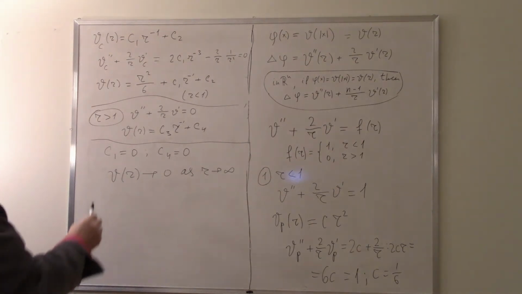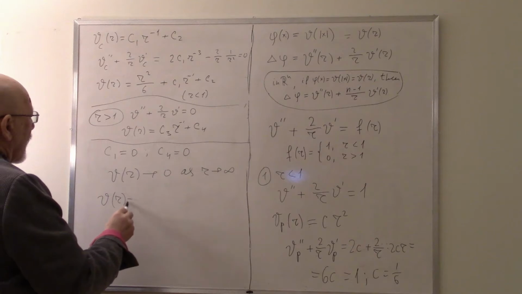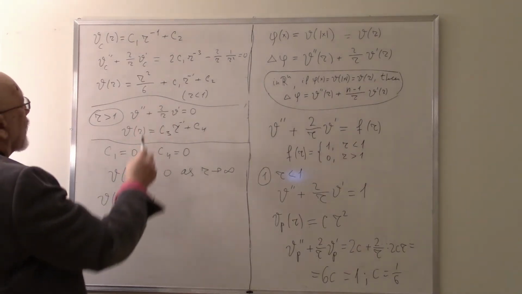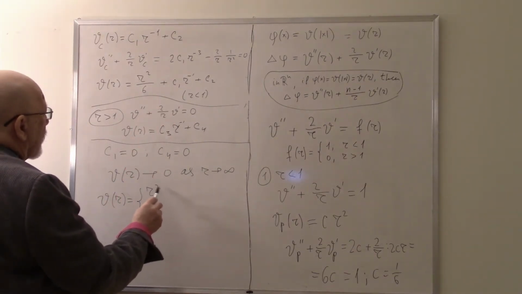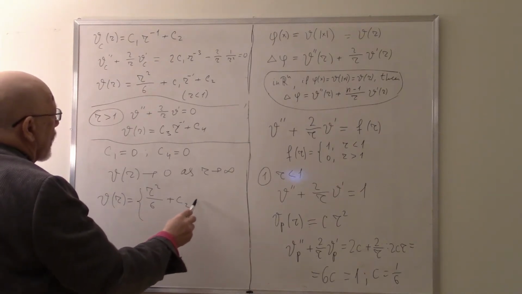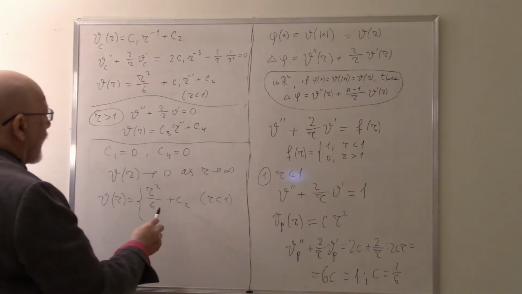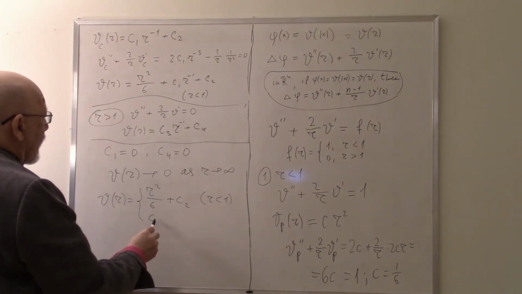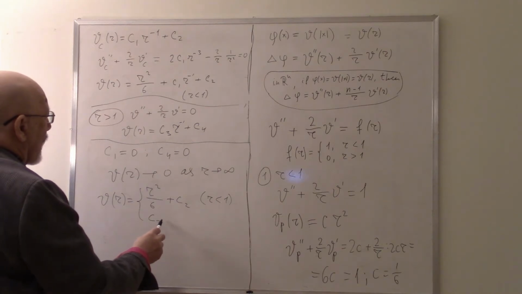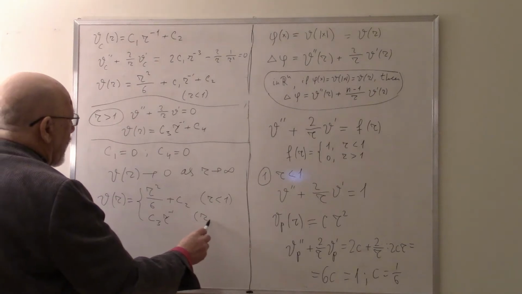Yes? So we have V of r, after all, equals r squared over 6 plus C2 if r less than 1, and equals C3 r^-1 if r more than 1.